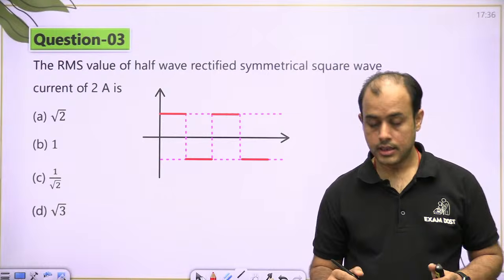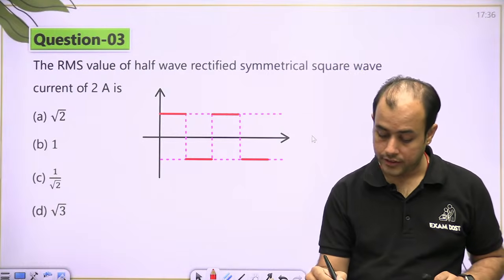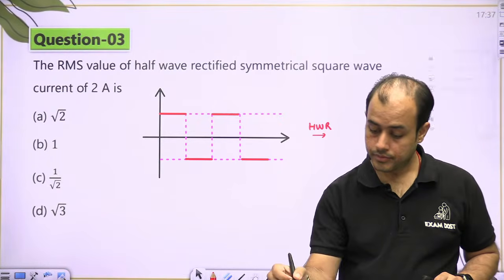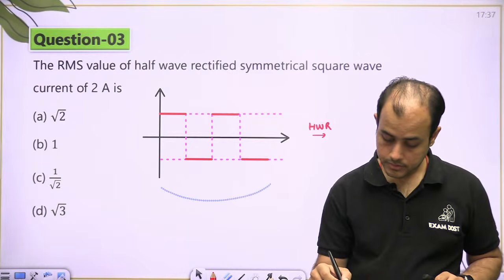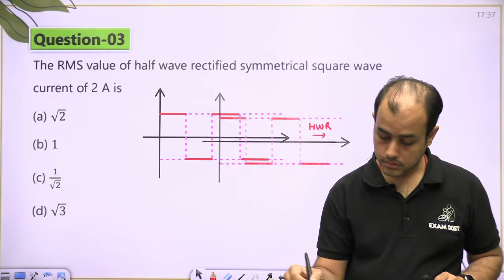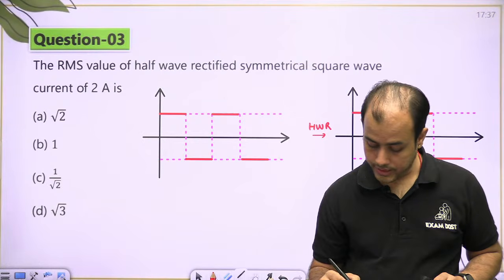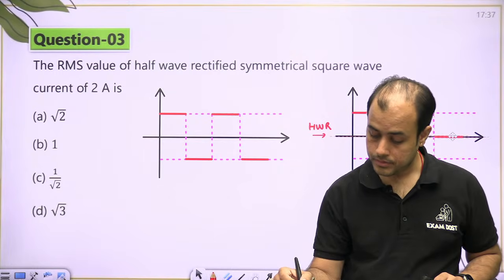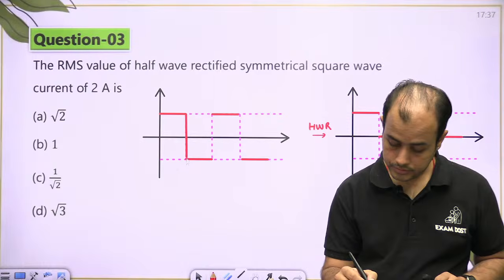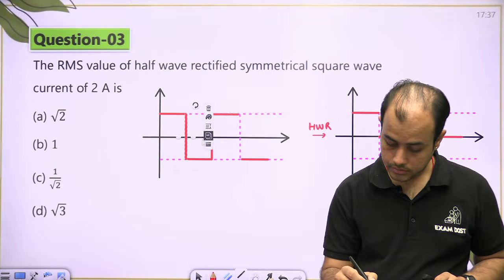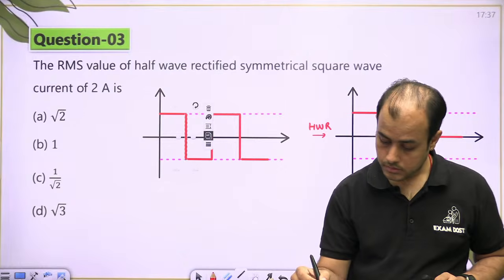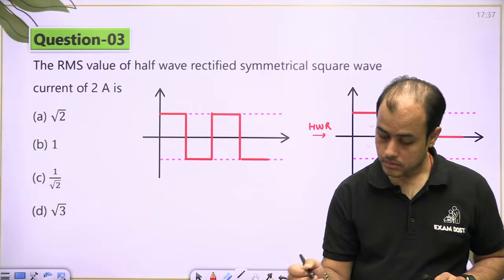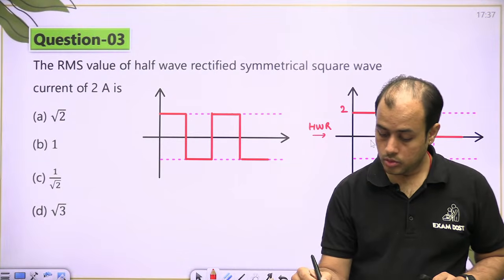Okay. Now what we will do is, we will do half wave rectification. In half wave rectification, what will happen? The negative value will become 0. So this is 2.